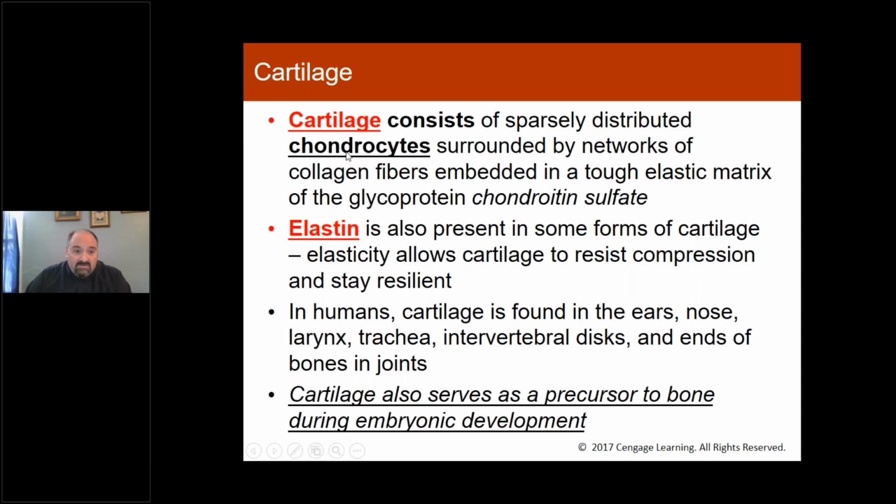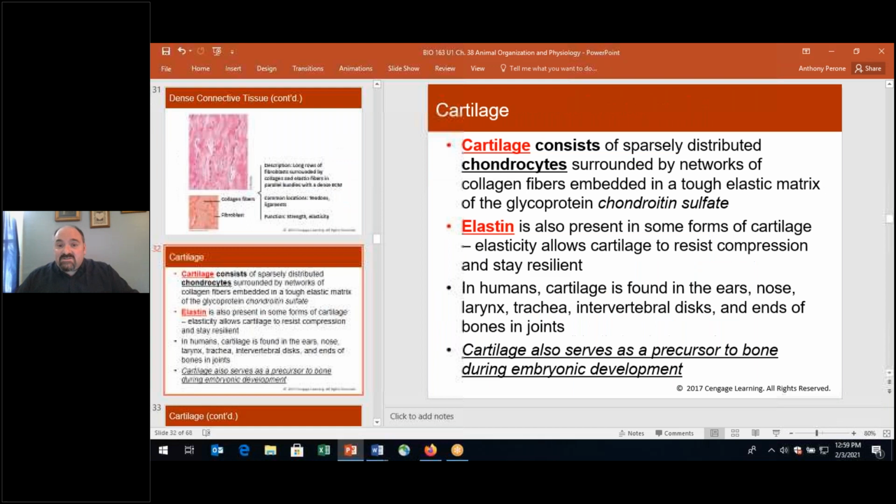So chondro, right, that root word represents cartilage, and cyte means cell. So these are cartilage cells. Okay. Elastin is also present within cartilage, because elastin allows for some elasticity, which allows cartilage to resist compression and stay resilient. There is a type of cartilage called fibrocartilage that's present between the intervertebral discs of the spine. Let me show you that.